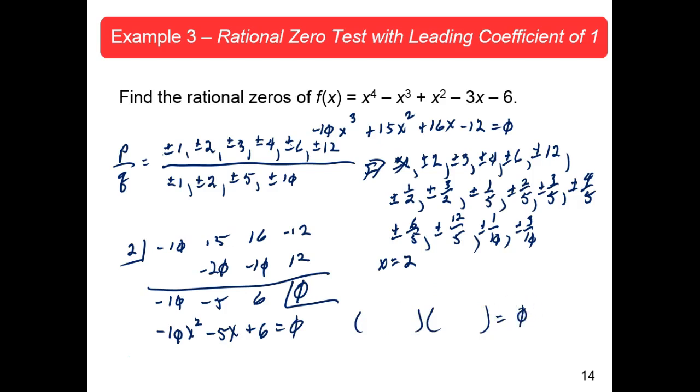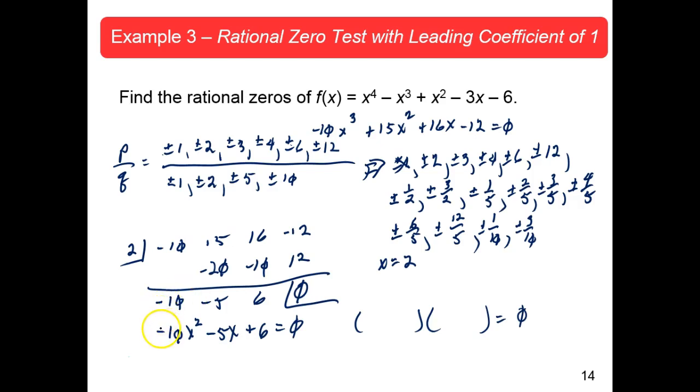All right, what is one possible factorization for negative 10x squared? Okay, 2 and 5. Now, you know what I want to do? And it's okay to do because that is an equation. I want to multiply that equation by minus 1, the whole equation, both sides.